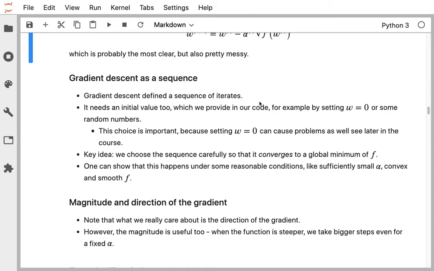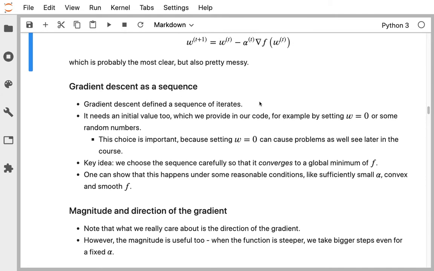Okay, so last class we talked about how the gradient is just like a container holding a bunch of partial derivatives, but actually we can also think about it as a vector and the properties that vectors have, like magnitude and direction. So regarding gradient descent, we do kind of care about the magnitude and direction, but what we really care about is the direction, because the direction is telling us which way should I go in order to make the loss smaller.